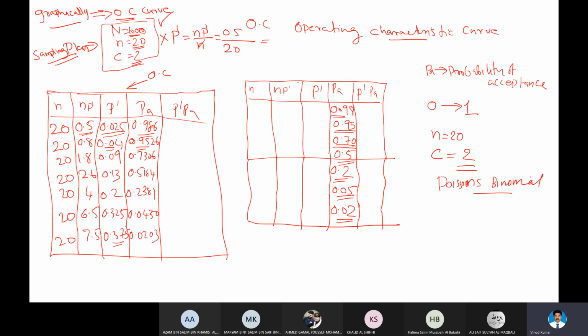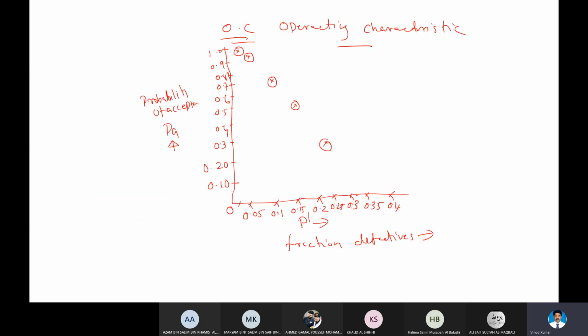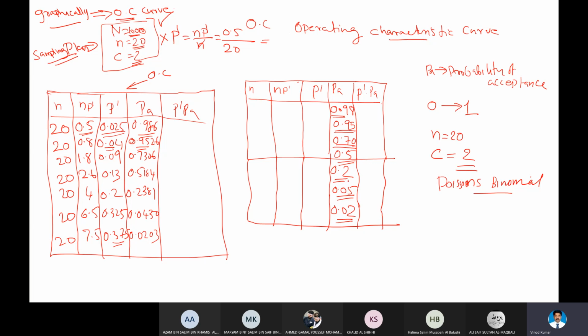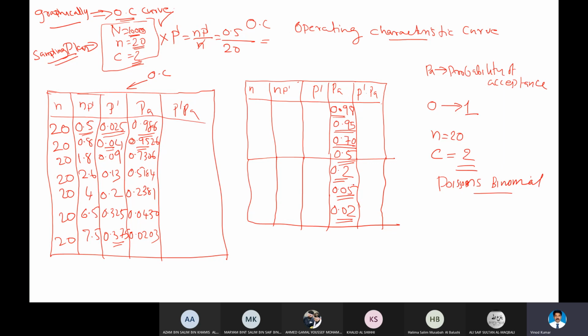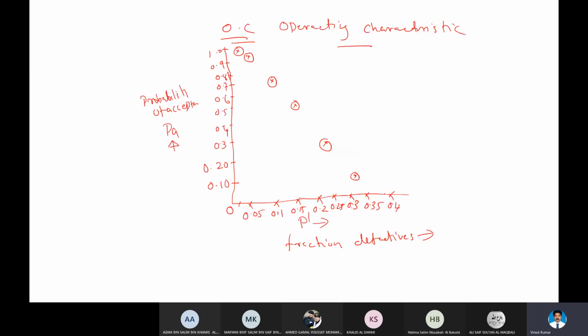And then 0.3 and 0.04, somewhere here, very low, less than 1. So 0.03, somewhere here. And the last is 0.02, very small, somewhere here. See, starting from 1 and decreasing continuously.